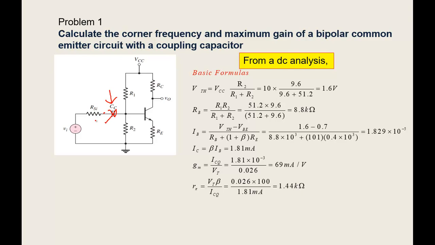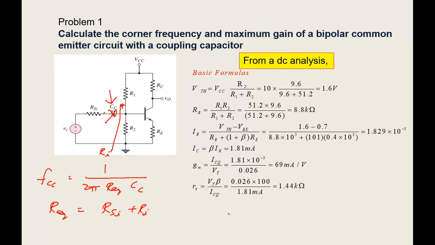Try to identify the sum of the resistance, because the equation is basically FCC is equal to 1 by 2 pi R equivalent C. So what is R equivalent here? Basically that's what you have to find out. CC basically. R equivalent is basically RSI plus the resistance seen here, RI. So I can write it as RSI plus RI into CC.